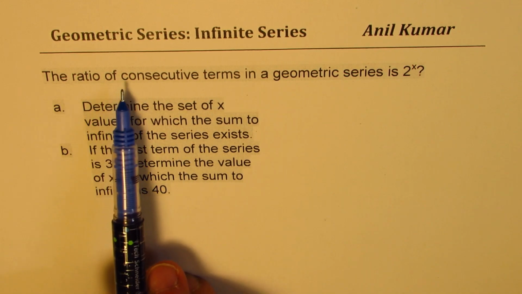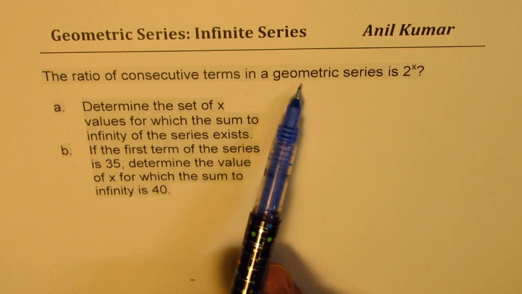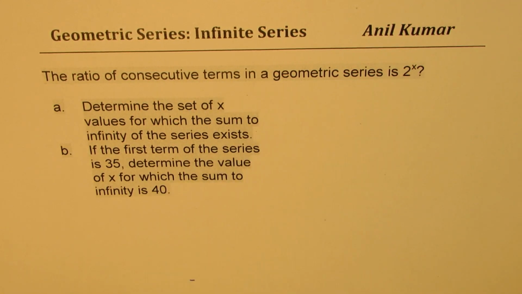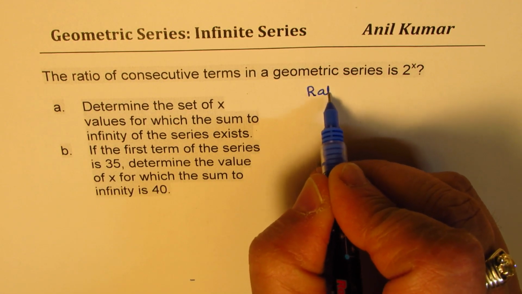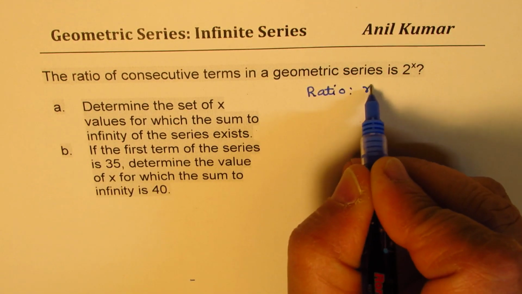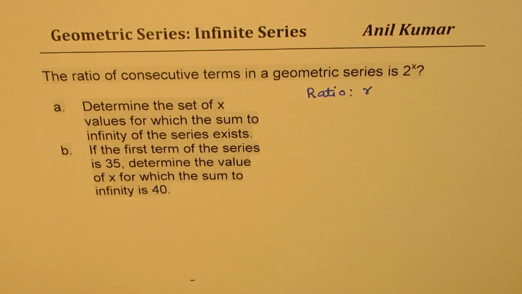Now, we are saying that the ratio of consecutive terms in the geometric series is 2 to the power of x. So that means the ratio, which we say is r, is 2 to the power of x, correct?